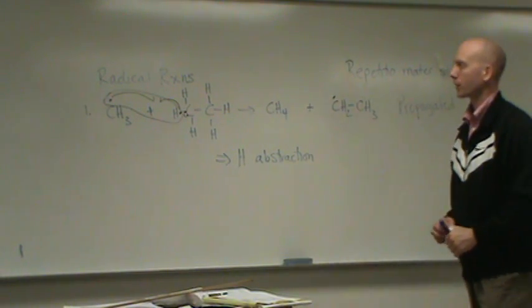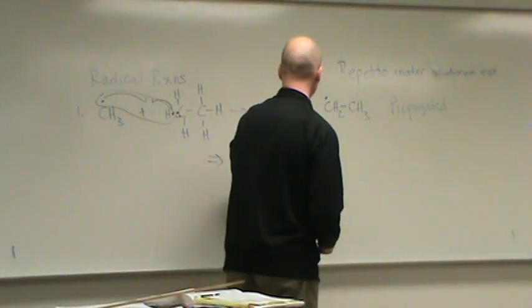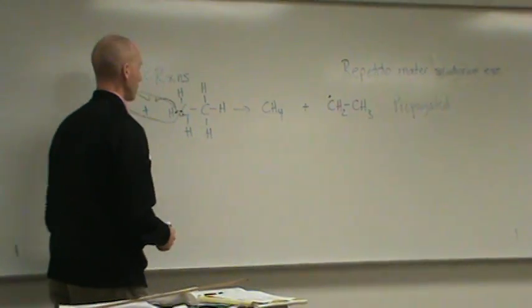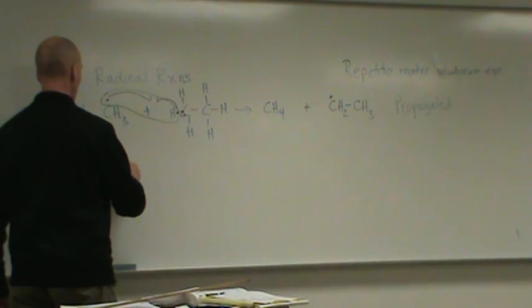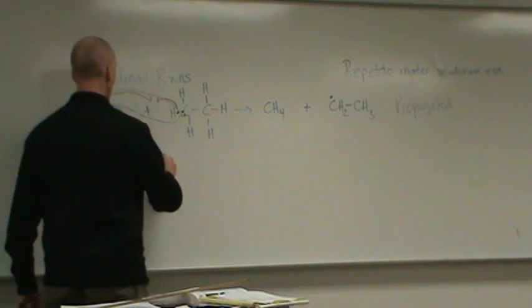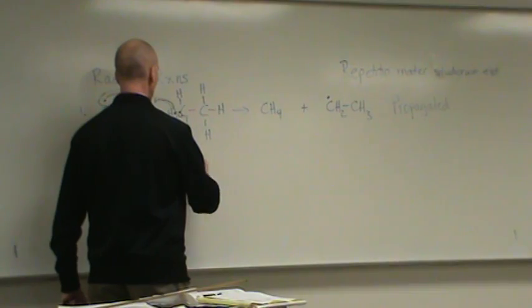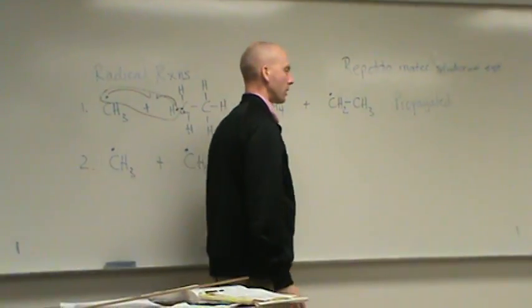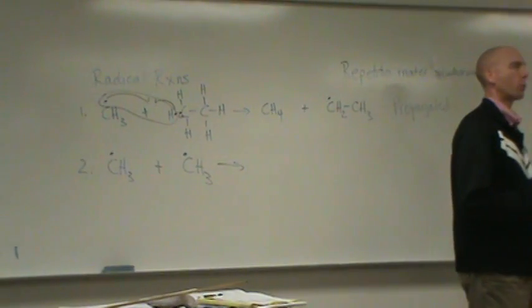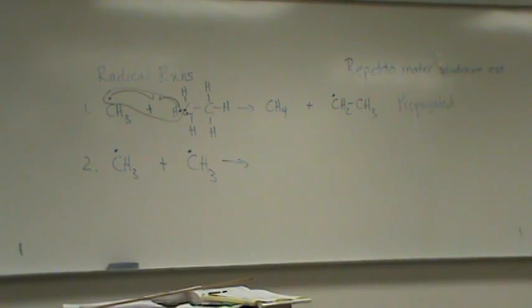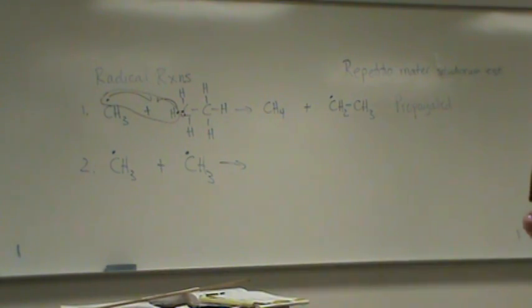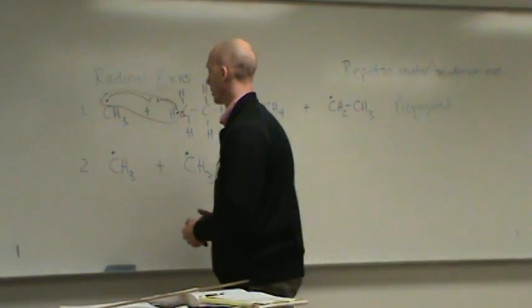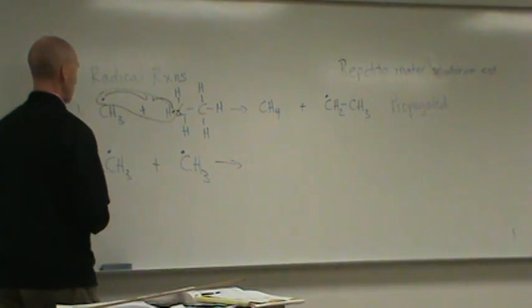All right, let's look at the second kind of reaction radicals can do, besides the hydrogen abstraction. This time, let's bring two radicals together. Let's say a methyl and another methyl radical. How can these react? Here, these react by joining themselves together.